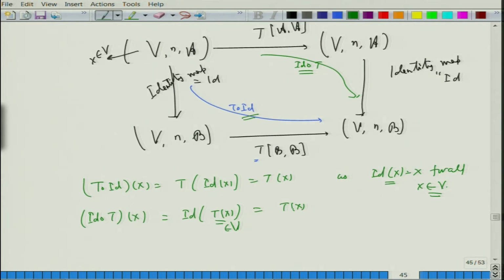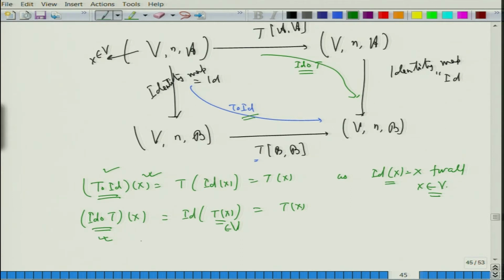So what we see is that these two functions, the compositions, behave the same on every element of the domain. One is T composed with identity, the other is identity composed with T. Since they behave the same on every element of the domain, they are the same.